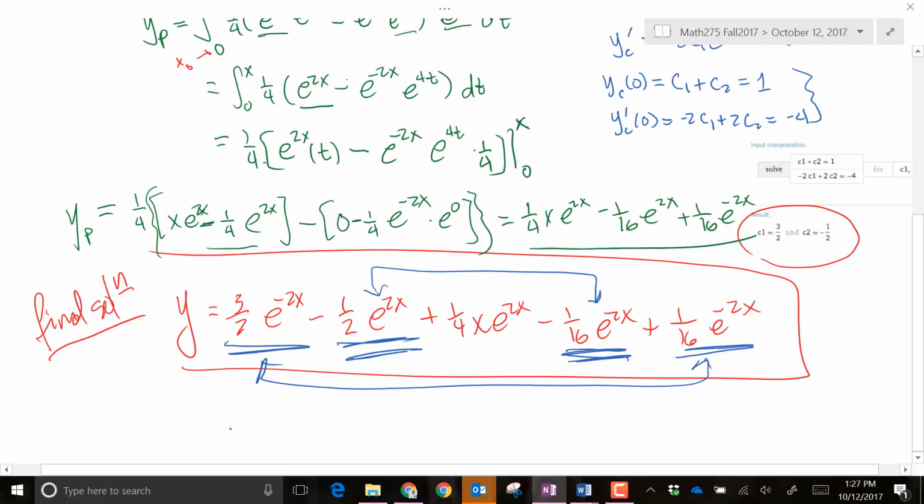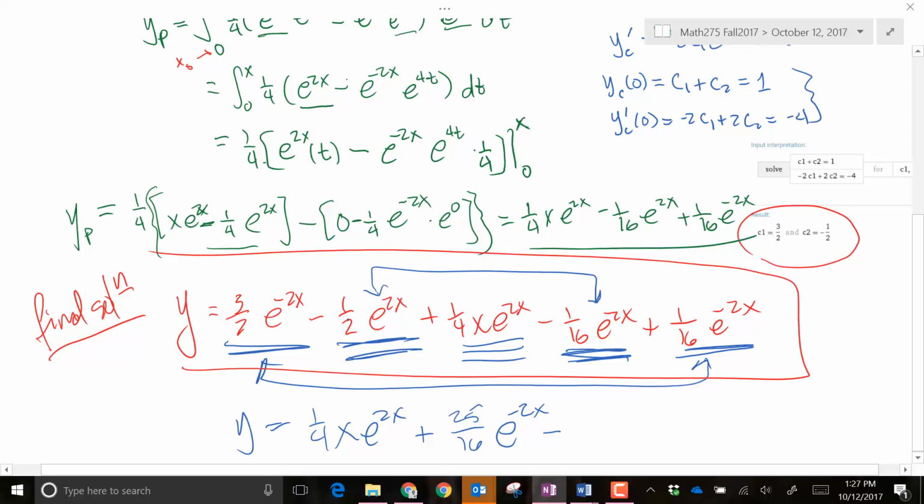All right, so let's rewrite our solution in a more simplified version. Let me write this out first. The 1/4 x e to the 2x, and now let's get to the negatives. That would be 25/16, plus. It's times 8, right? So 24 plus 1 is 25. 25/16 e to the minus 2x.